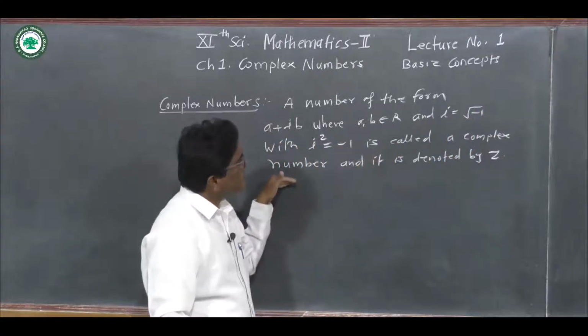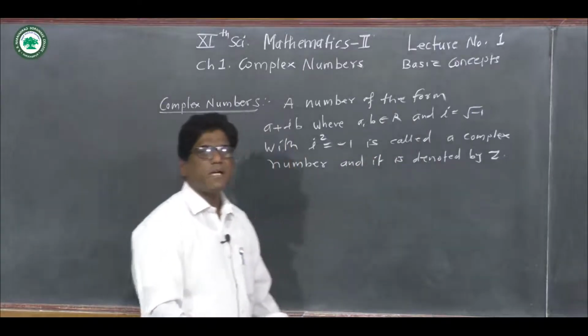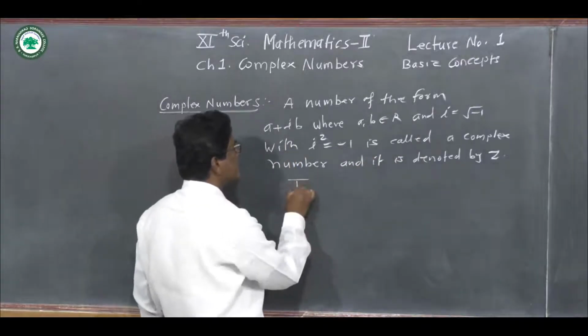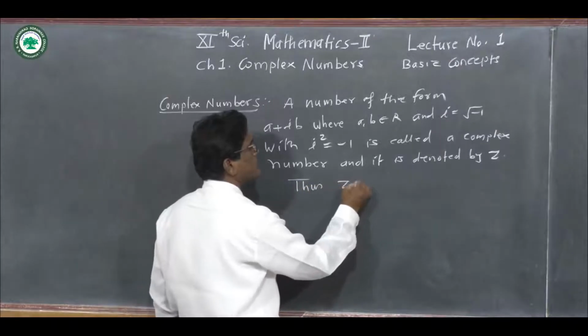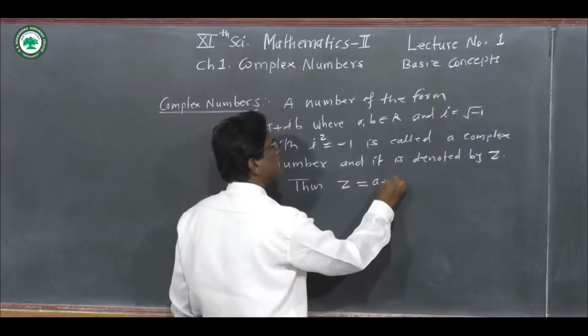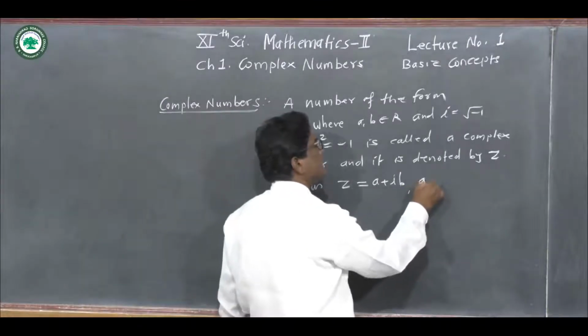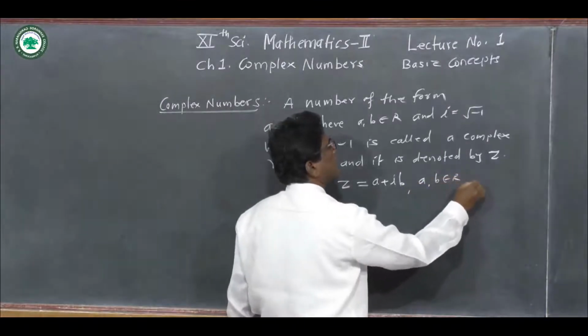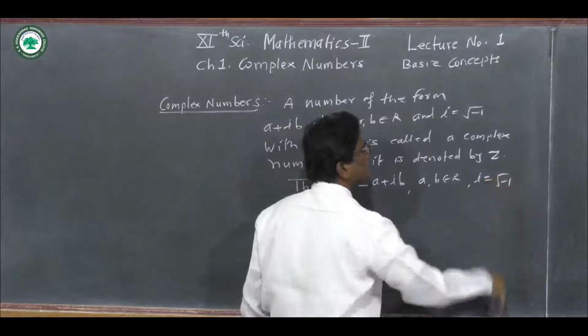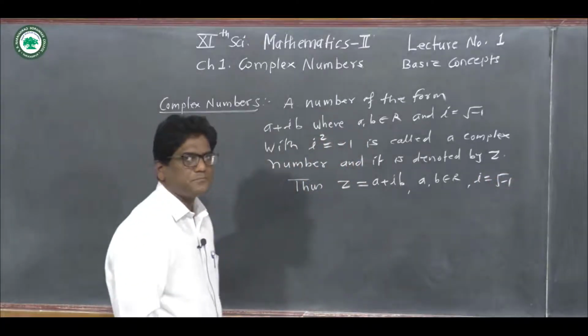It is called a complex number and it is denoted by Z. Thus here Z is equal to a plus ib. Get it? Here a, b belong to R and i is equal to under root of minus 1.